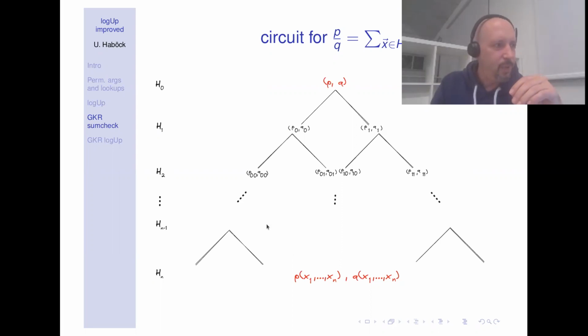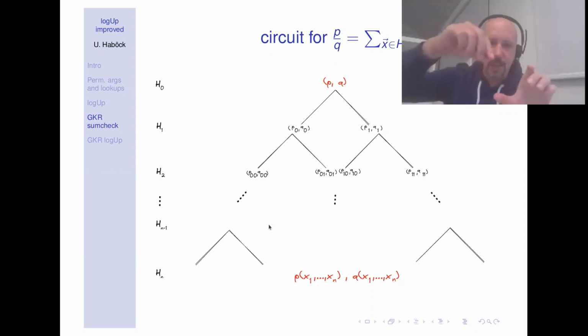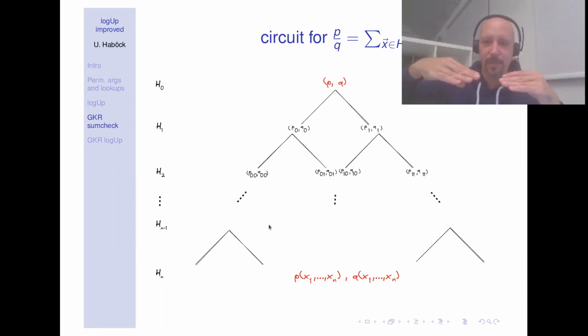So from layer to layer, I just sum fractions pairwise, and that reduces the size of each layer, the horizontal size, by a factor of 1/2. And that is done recursively.